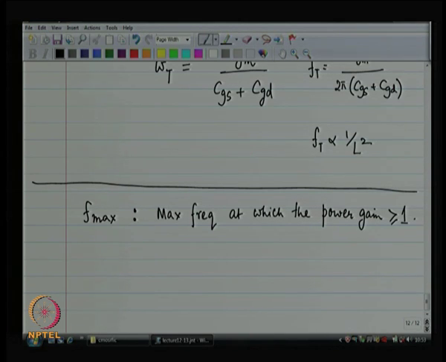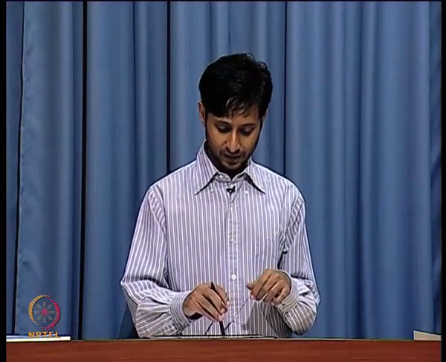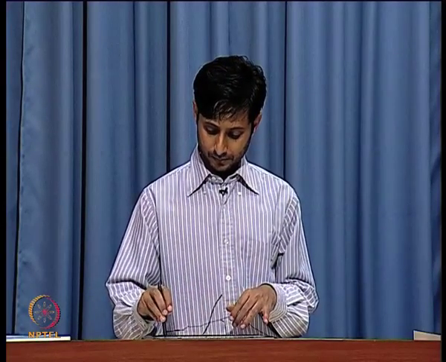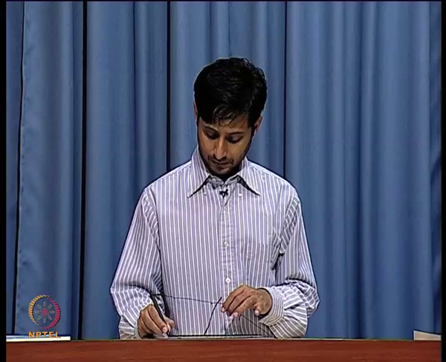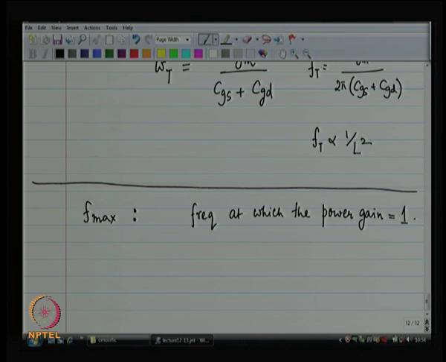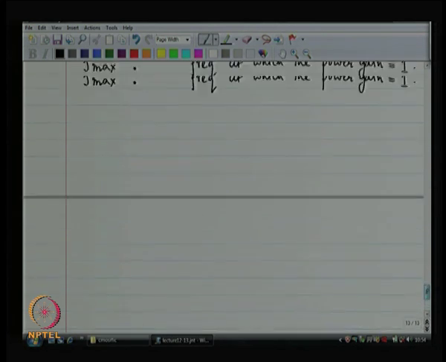Okay. So, as you increase in frequency, power gain is going to decrease, and the frequency at which the power gain is equal to 1 is called the maximum frequency. What do I mean? What is this power gain?